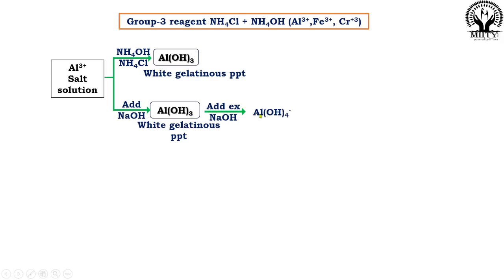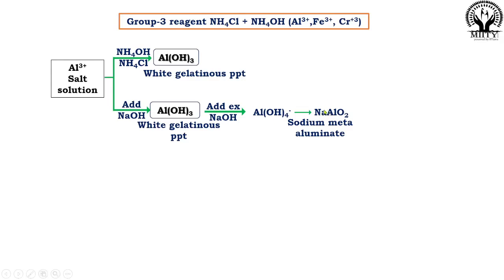Therefore, it forms a soluble complex, [Al(OH)4]-. With sodium ion, the formula is Na[Al(OH)4]. It decomposes to sodium meta-aluminate, NaAlO2.